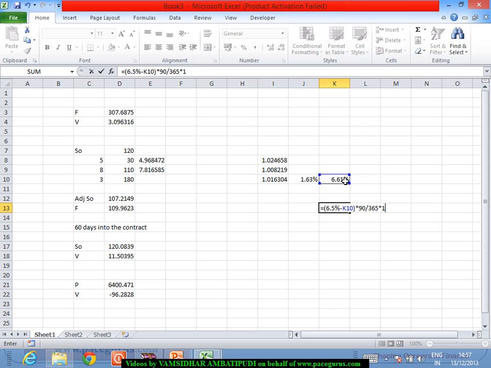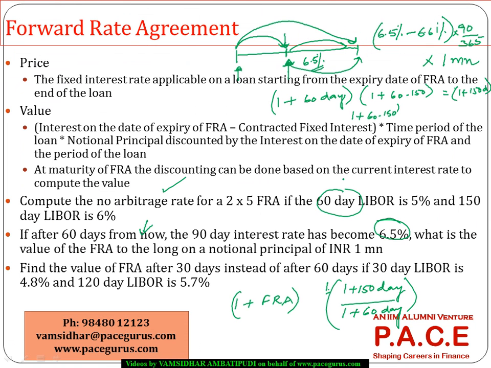If I am talking about 1 million, yes, I can put the numbers. So there is a loss of $276 to the long position or to the borrower. That loss is as on this date.